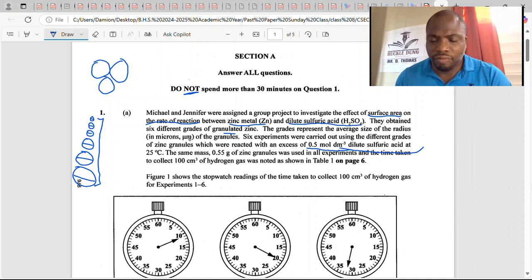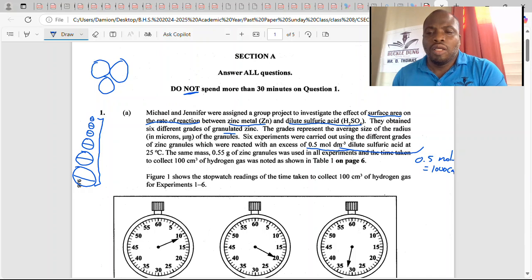Concentration. Not true? True. So we know it's 0.5 moles in 1000 centimeter cube. So the next thing is the temperature.